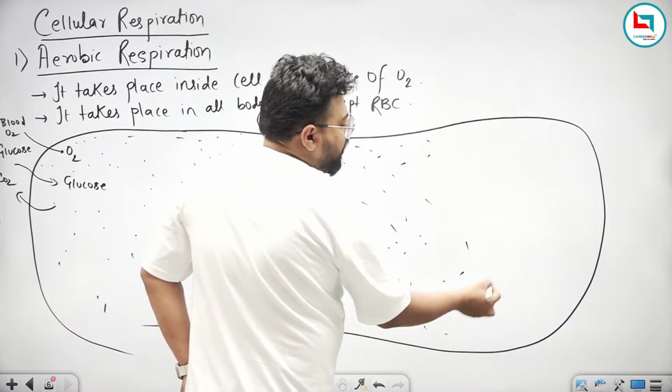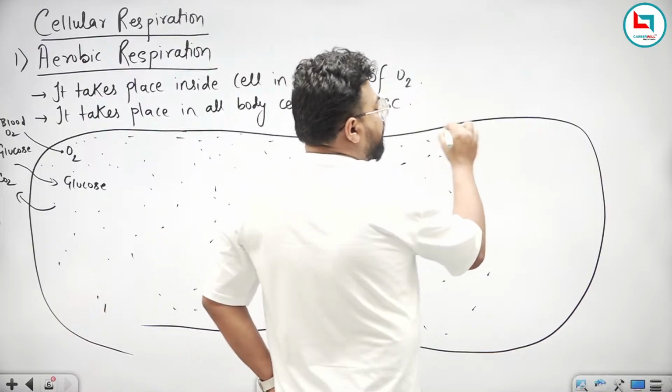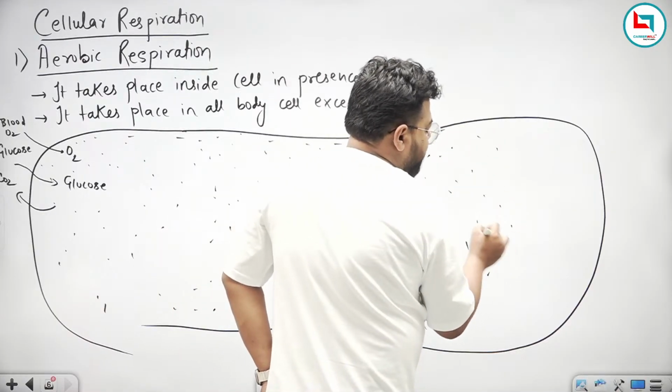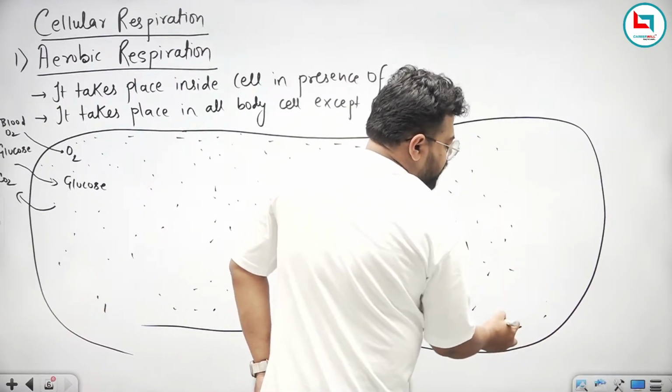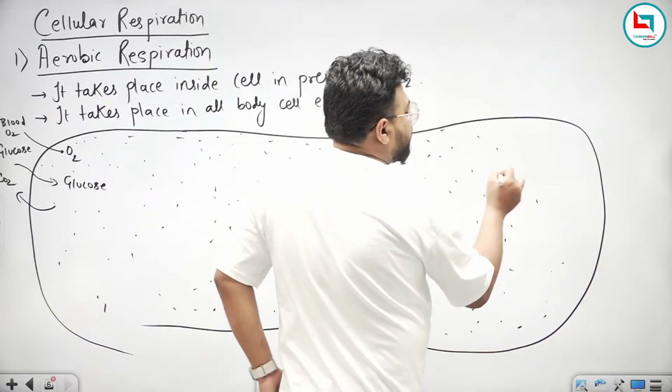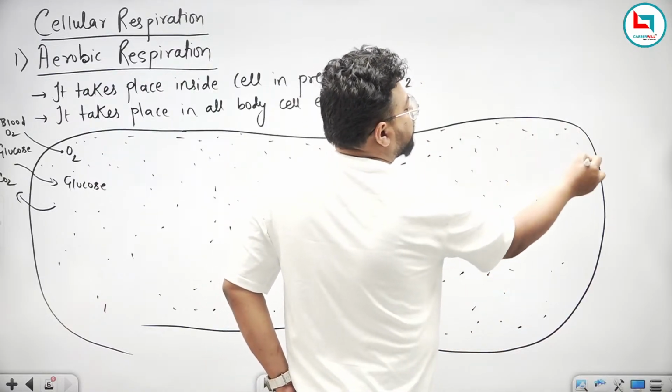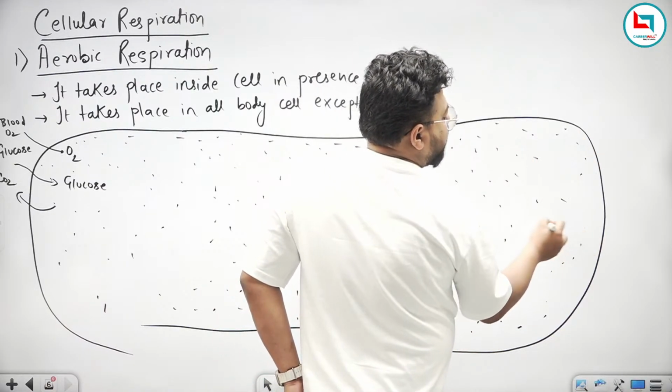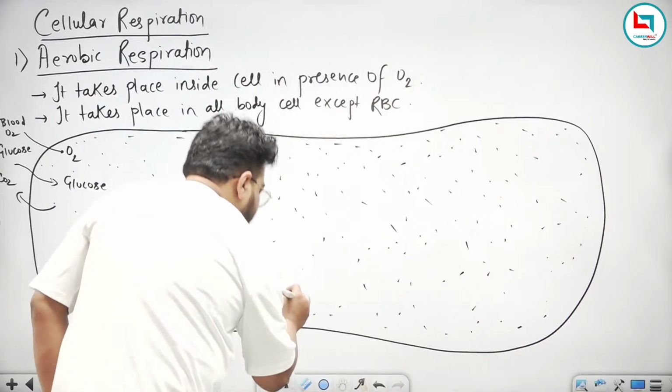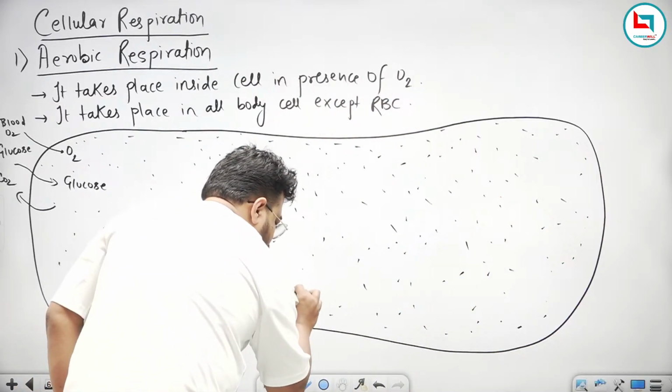I'm not drawing all the components of the cell. I'm drawing only those things which are required for the aerobic respiration. So this is cytoplasm or cell fluid.